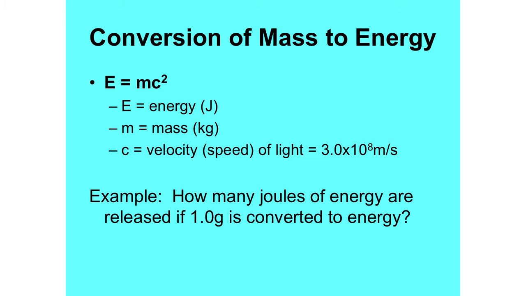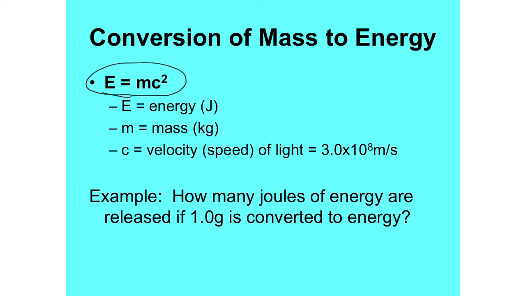All right, so I'm going to guess that you've probably heard of this equation before. E equals mc squared. So E stands for energy, which would be measured in joules or kilojoules. M is mass in kilograms. And C is the velocity or speed of light, which is 3 times 10 to the 8th meters per second.